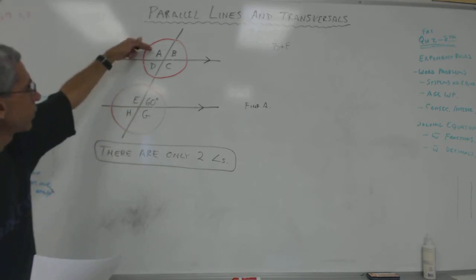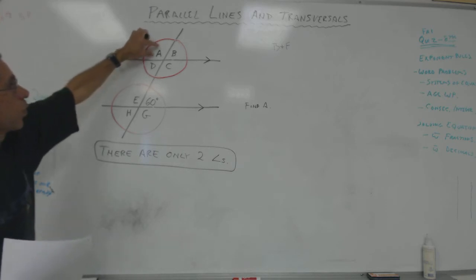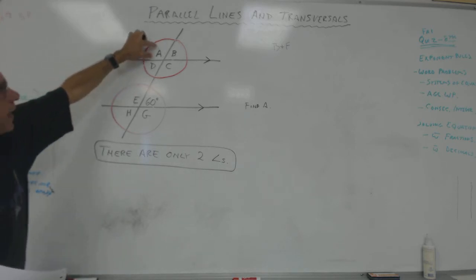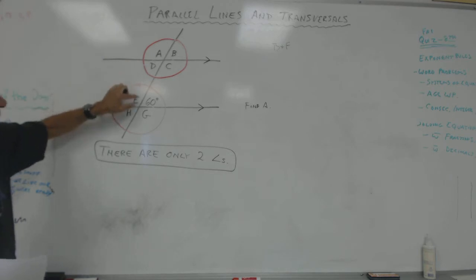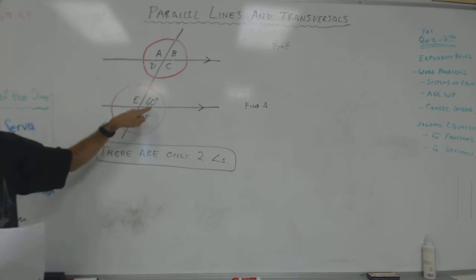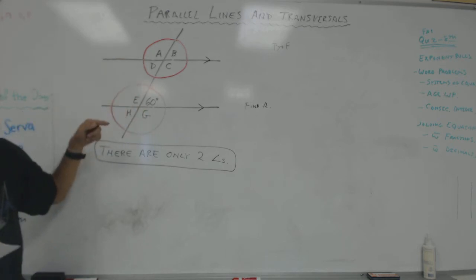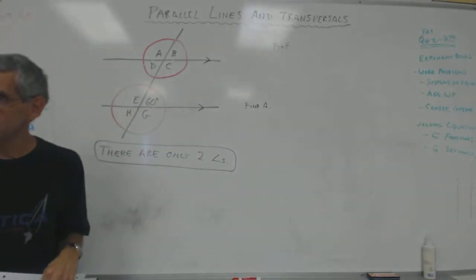What is A equivalent to? E, as a corresponding angle, right? So E plus 60, meaning A plus 60 equals 180. Subtract 60, you get 120. So A is equal to 120. Does everybody understand that? Make sense?